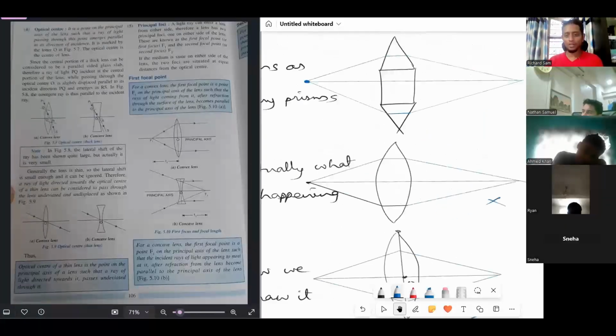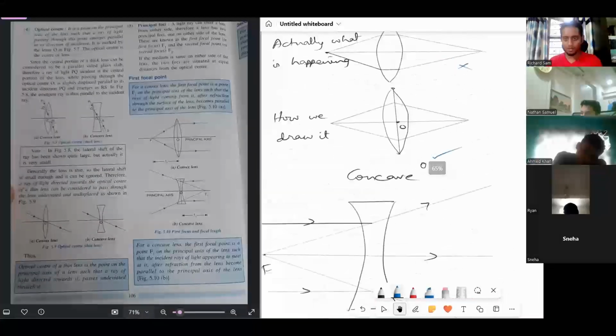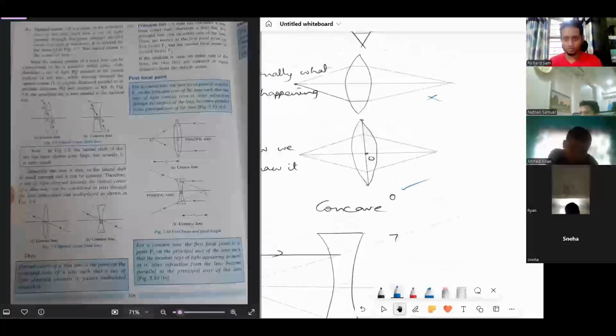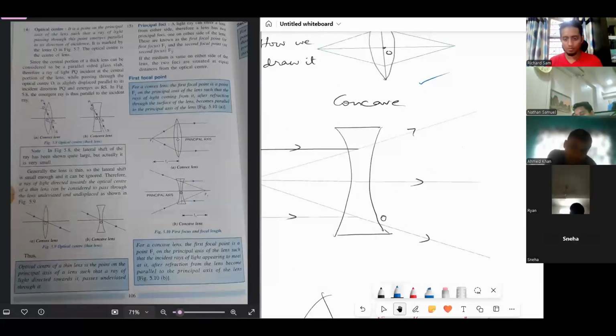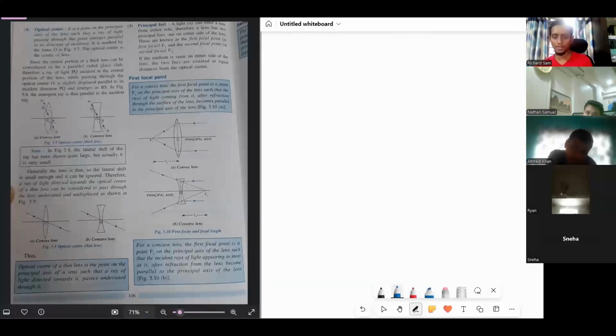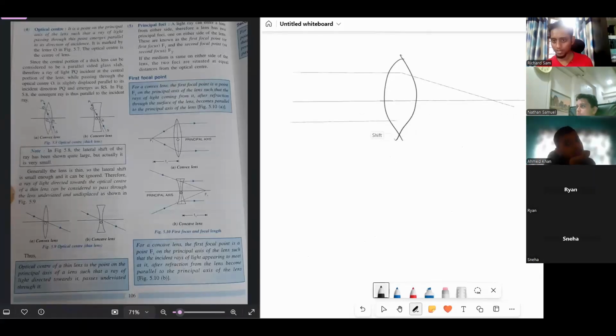Okay, now going back to a diagram that we drew. We'll draw it again for a convex lens and a concave lens. For a convex lens, what happens to parallel rays of light? They will meet at a point.